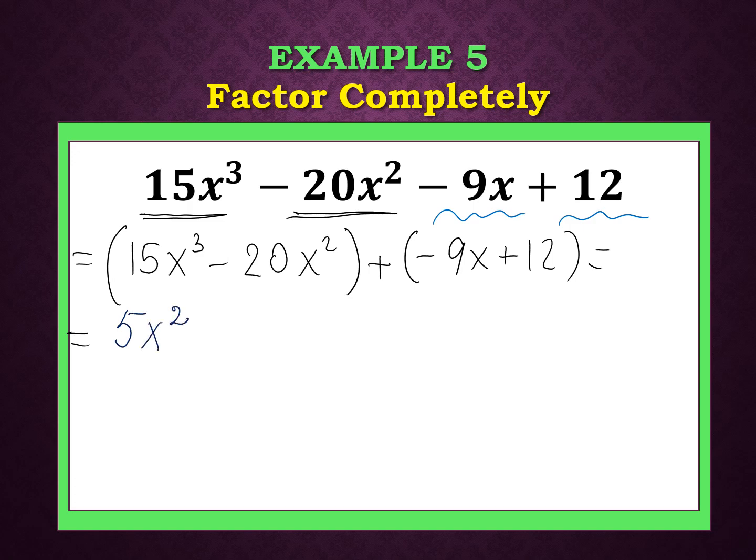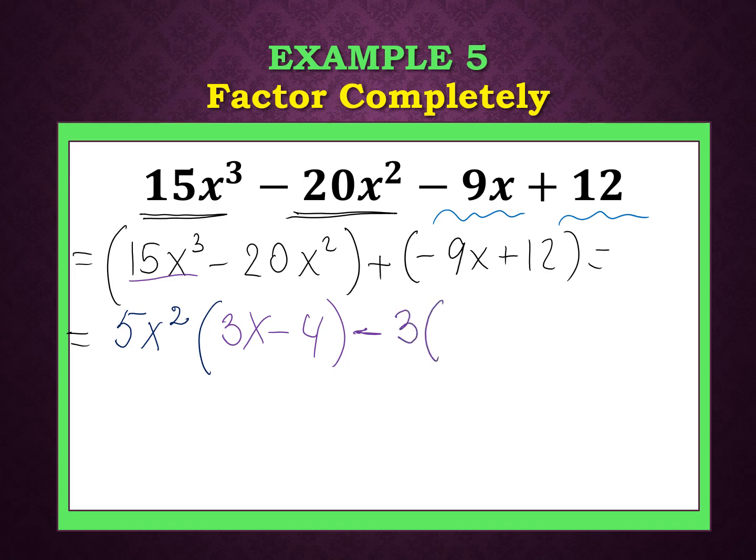So we have 3x minus 4. For the second parenthesis, carefully, we have minus, the greatest common factor would be negative 3.